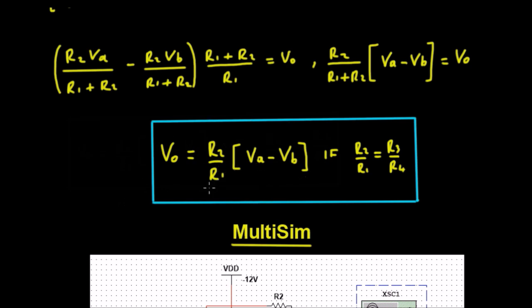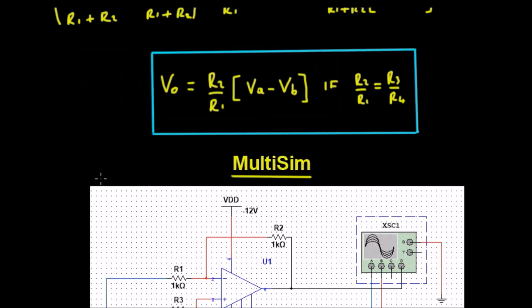That's only true if R2 upon R1 equals R3 upon R4 in this particular design. So I suggest you take your time to read through and derive it yourself. I didn't want to read through every single part of it because it's just a little bit dull, and it's just bulk algebra.